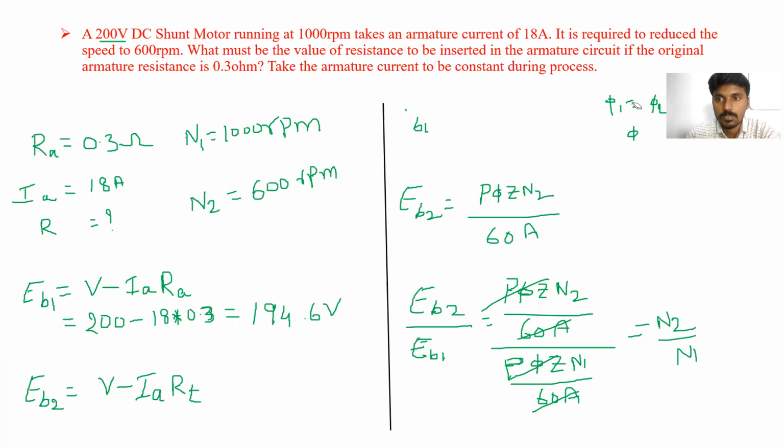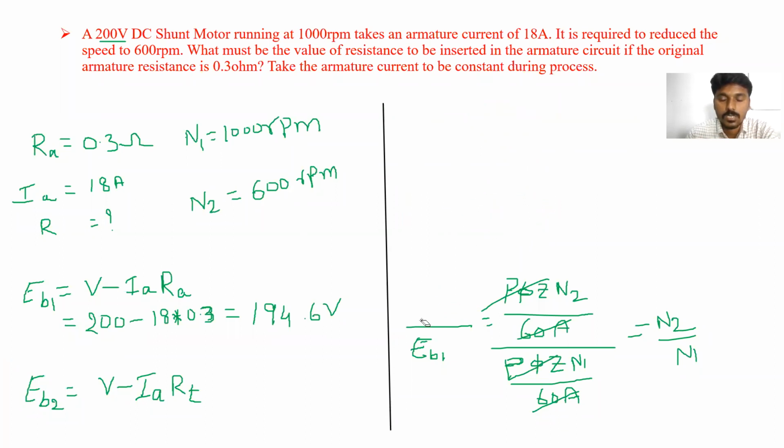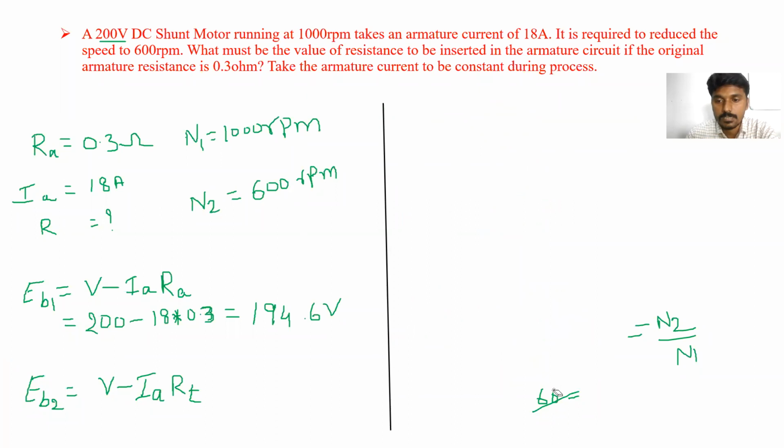Yeah, so you have to remember that formula, EB2 by EB1 is equal to N2 by N1. Like we can write the transformer ratio, N2 upon N1 is equal to V2 upon V1 is equal to I1 by I2. लिखते हैं ना? Transformer ratio. In the same way here, for a DC shunt motor the flux is constant.